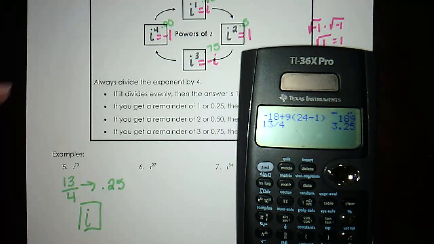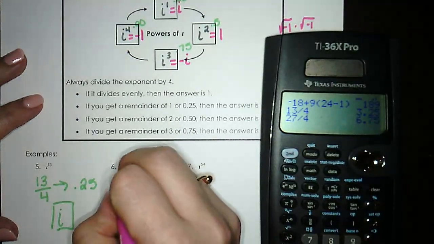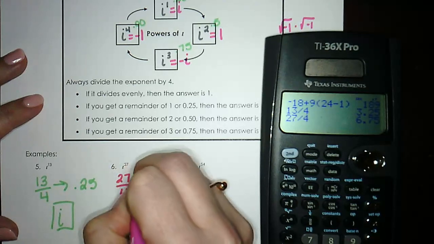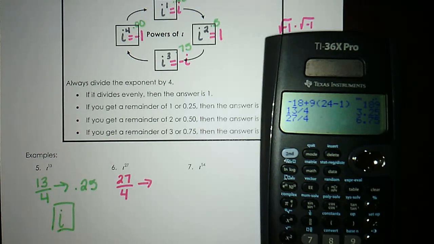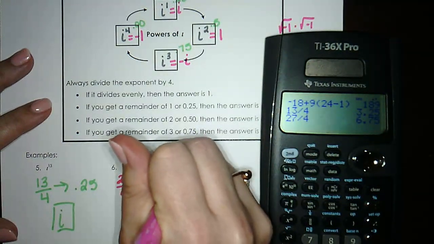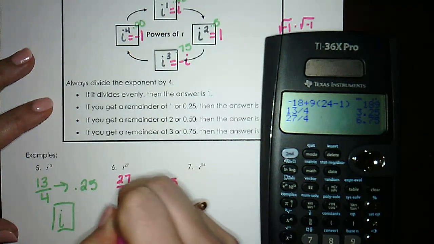Let's do the same thing for this 27. I do 27 divided by 4. My decimal, again, I don't care about the whole number. All I care about is what that decimal is, and it's 0.75, which my i clock tells me is negative i.